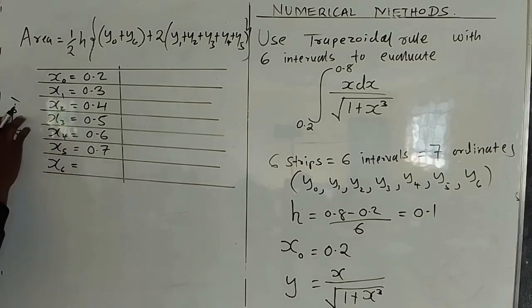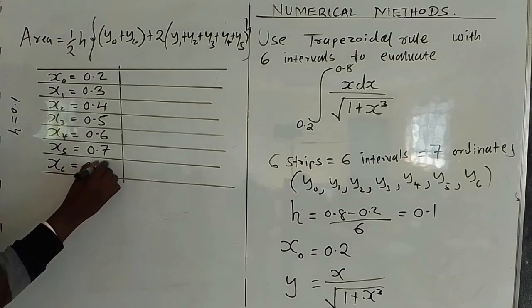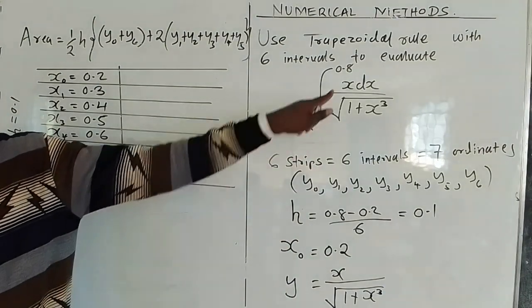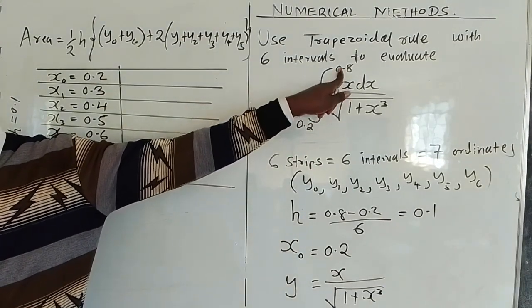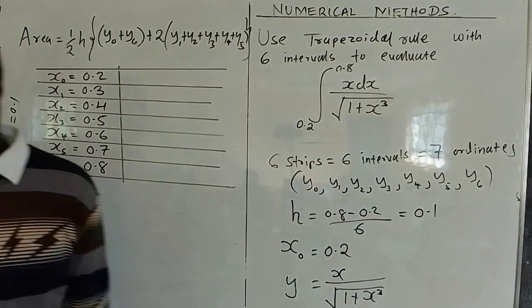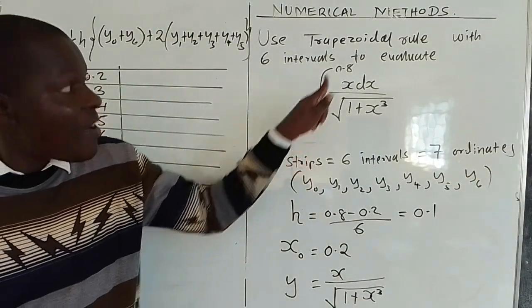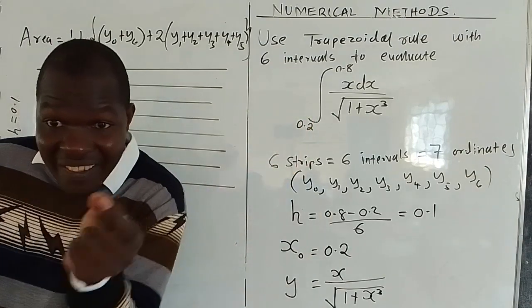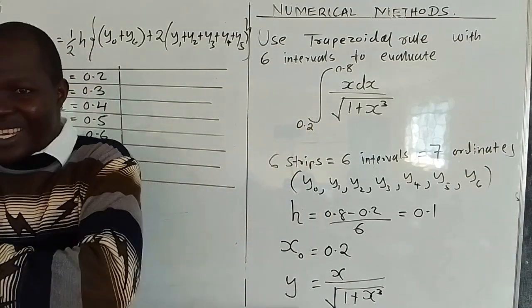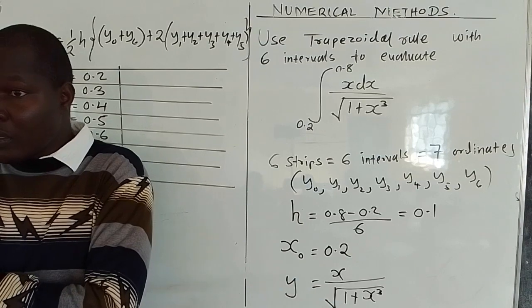So x5 plus h gives you 0.8. So you will see that is exactly the last ordinate there. Meaning trapezoidal rule and Simpson's rule are using the first and the last ordinates, isn't it? But we don't rule out looking for the starting point because they are in the middle, isn't it? Is that well understood? Very good.